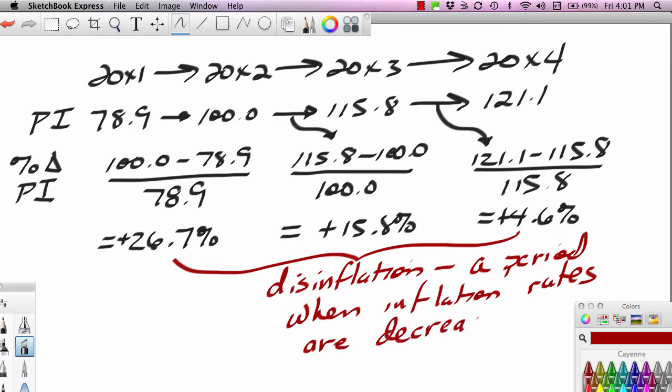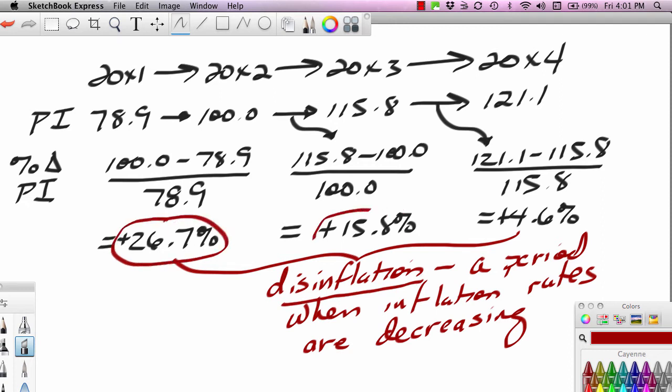Essentially, the math here would be prices are increasing at a decreasing rate. So if prices are increasing at a decreasing rate, then the inflation rates are getting progressively smaller. It's like a car approaching a stop sign. The car is still moving forward, but it's moving forward at a slower and slower speed. It's decelerating. So prices are increasing, but they're decelerating.